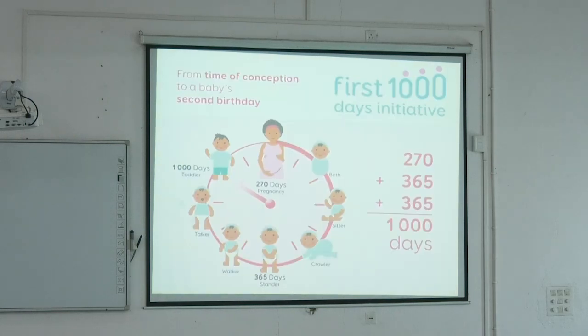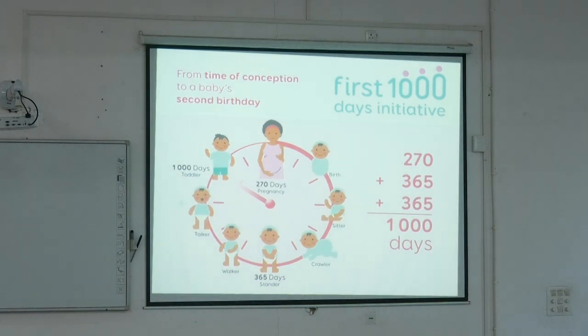Okay, so now this is very, very important. Whatever we are saying about under 5 mortality and infant mortality, then neonatal mortality, all are covered here. That this is the first 1000 days. What is the first 1000 days? From the conception to the end of pregnancy, that is 270 days, and then next 2 years, that is 365, 365.